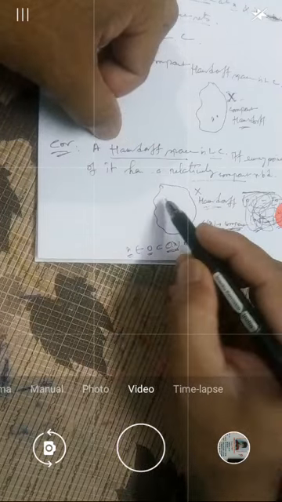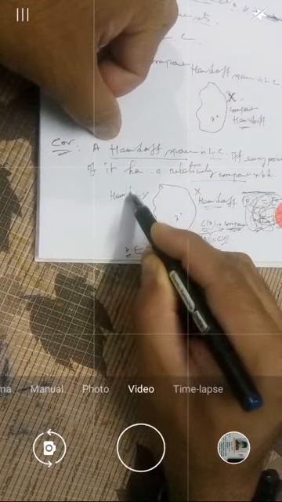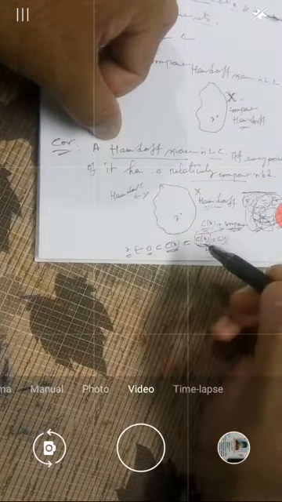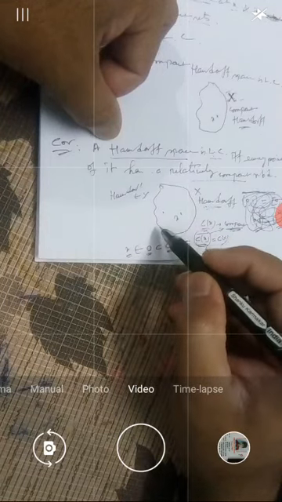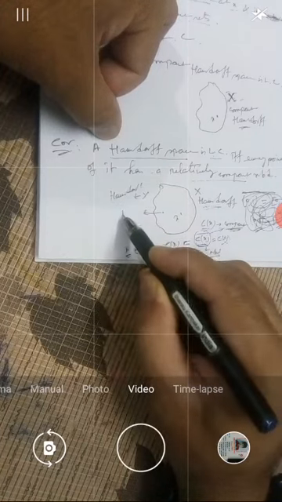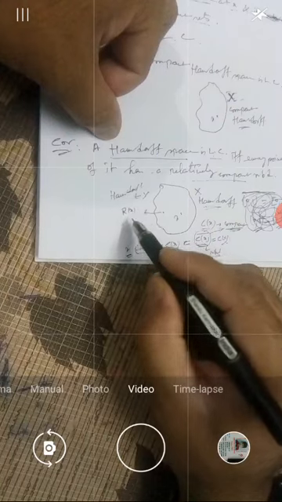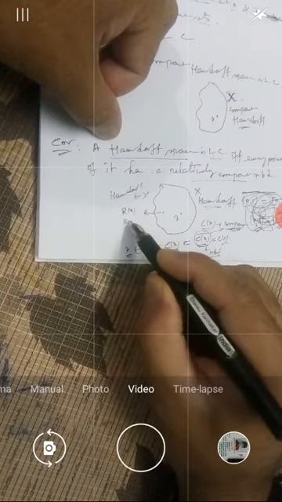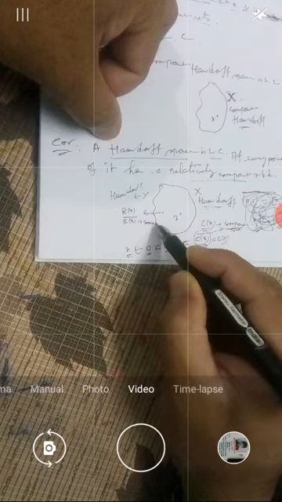Let X be Hausdorff, and assume that every point has a relatively compact neighborhood Rx, so that this Rx bar is compact.